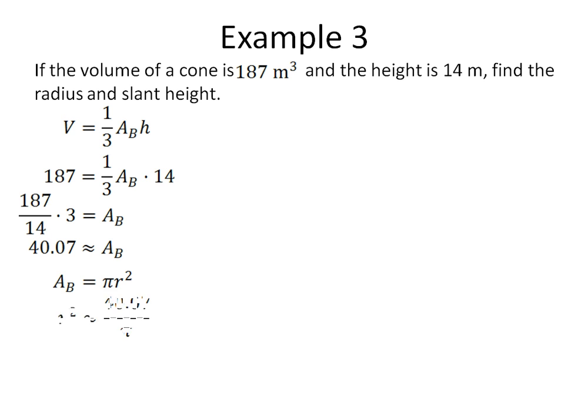So we put the 40.07 in for AB, and we divide both sides by pi, which gives us that r squared is equal to 40.07 divided by pi, which comes out to approximately 12.75. Since this is r squared, we need to take the square root of both sides to find r. So r is approximately 3.57 meters.